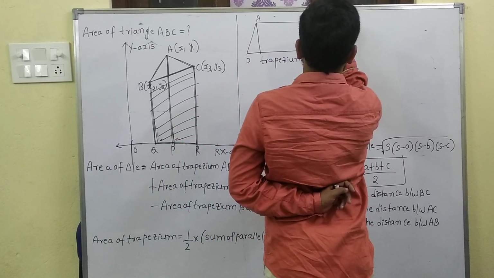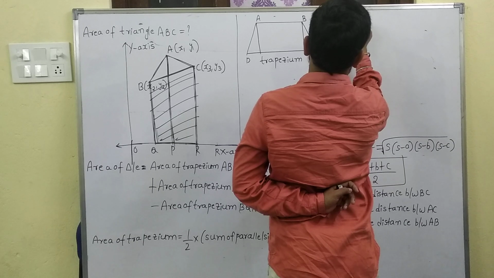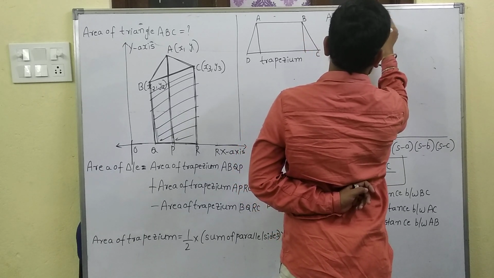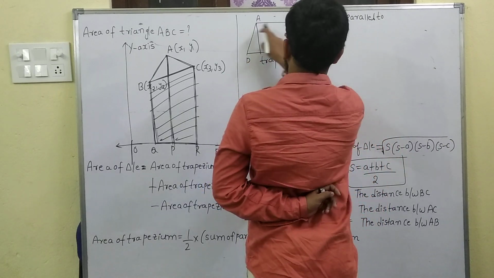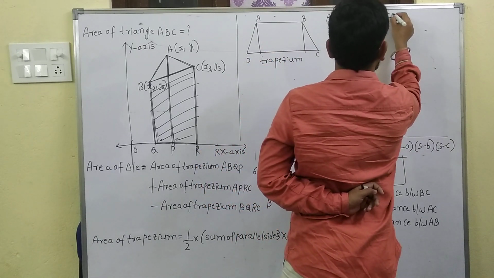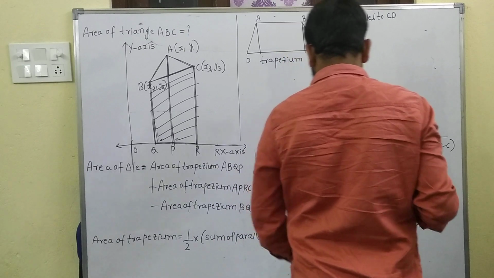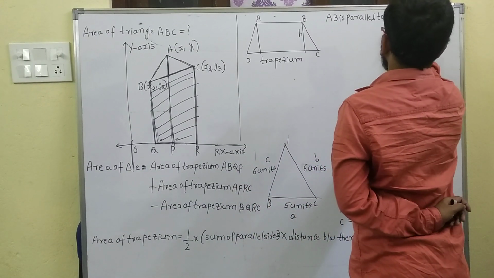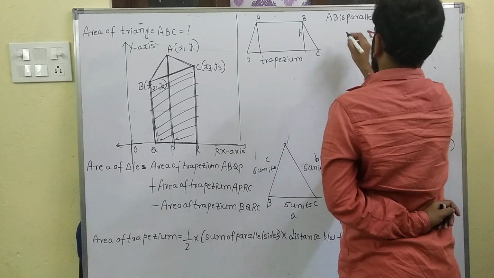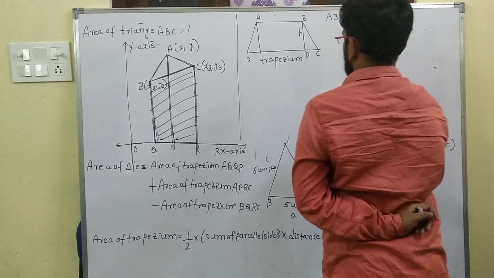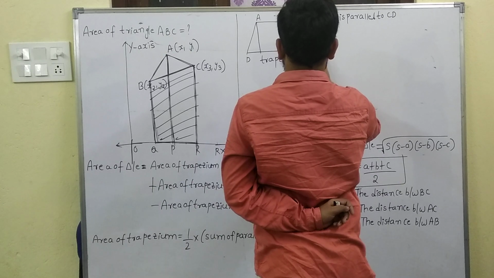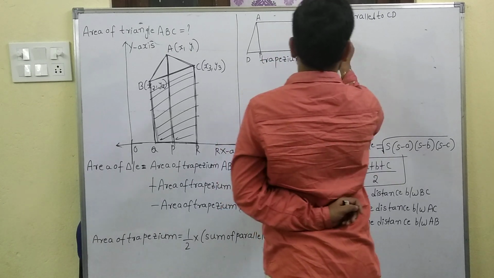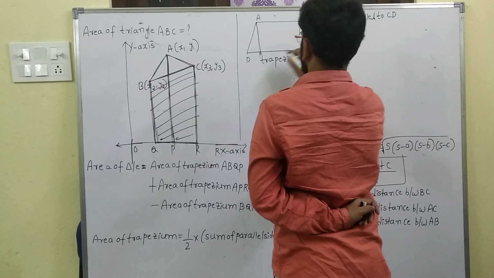AB is parallel to CD. Sum of parallel sides and the distance between them. This is the distance between them, that is H. Let us take AE and AF.